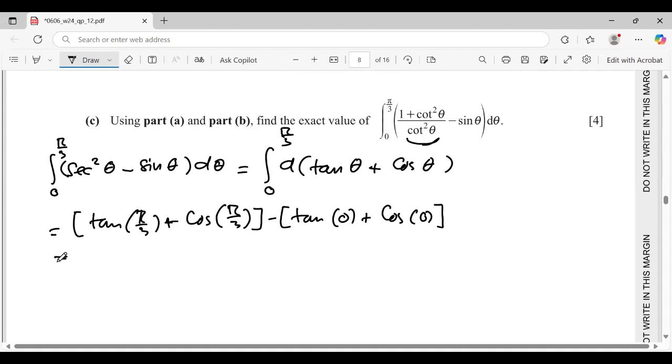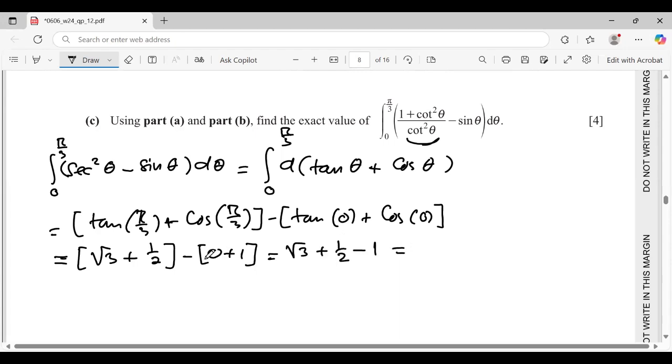It is square root 3 plus 1/2, minus 0 plus 1. Square root 3 plus 1/2 minus 1, because it's minus 1, equals square root 3 minus 1/2.